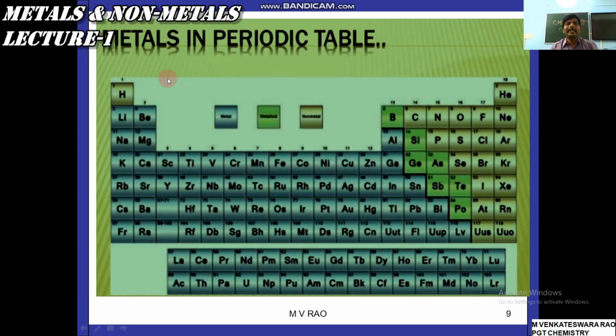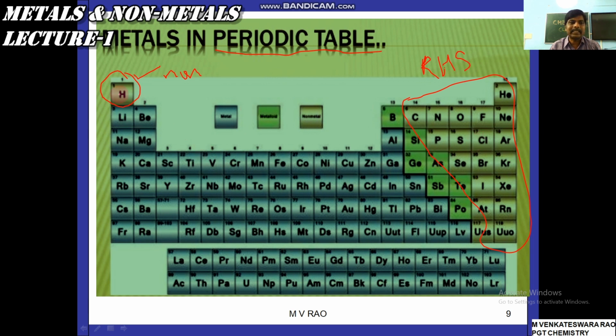So you see in the periodic table where metals are located. This is the starting element in the periodic table, that is hydrogen. Hydrogen is a non-metal. Hydrogen plus these elements present on the right hand side of the periodic table are non-metals.